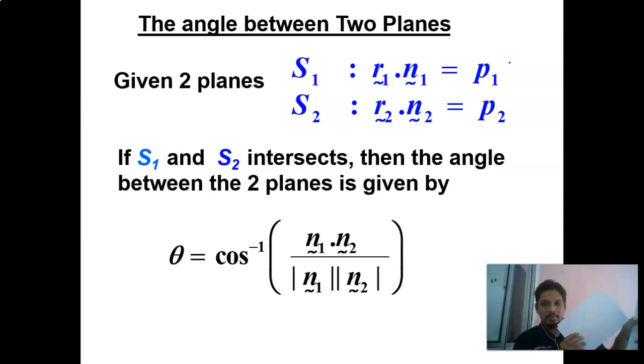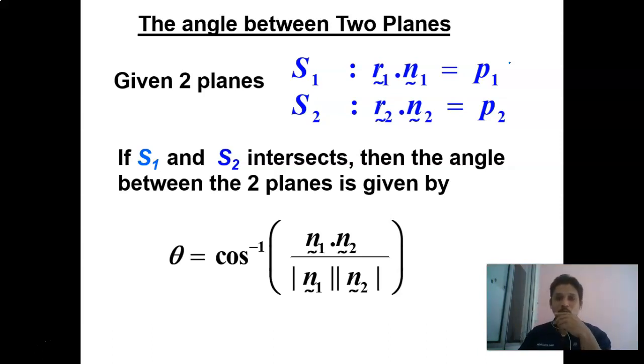So there is an angle between these two planes, this first one and then the second one here.